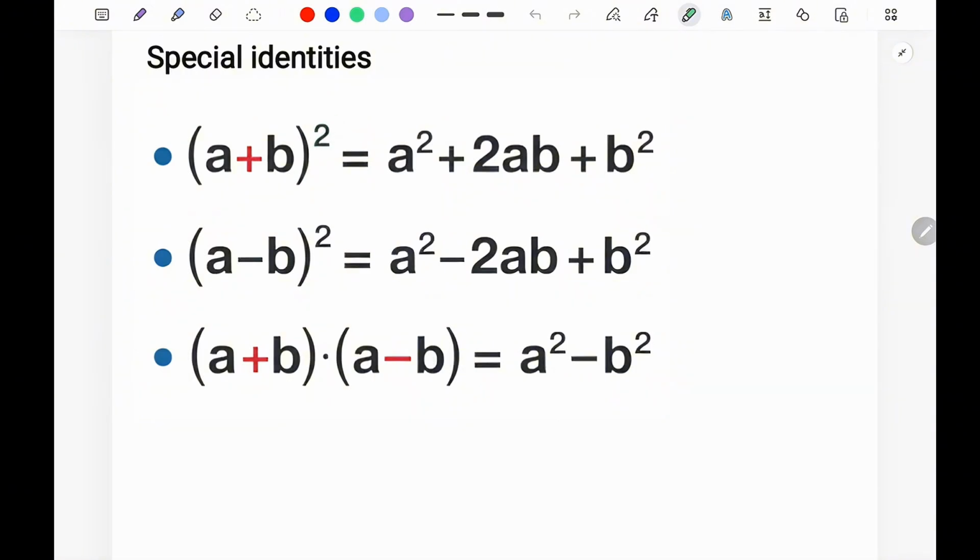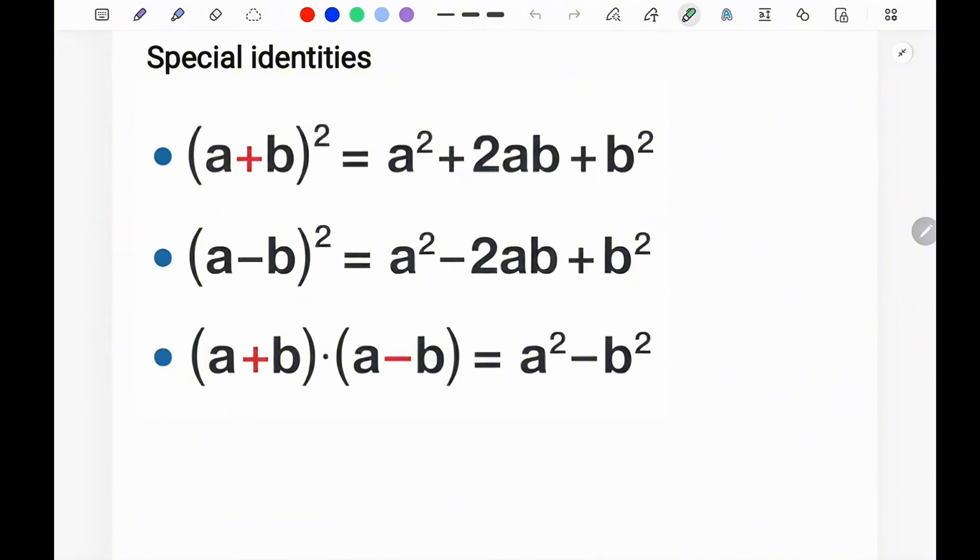So when there is a situation like this, we will write the square of the first term in the first place on the right hand side, and then we will add twice the product of both terms. And then finally, we will add the square of the second term.